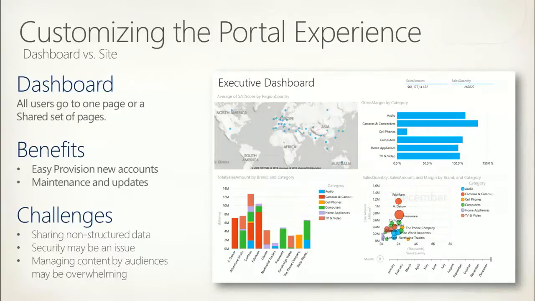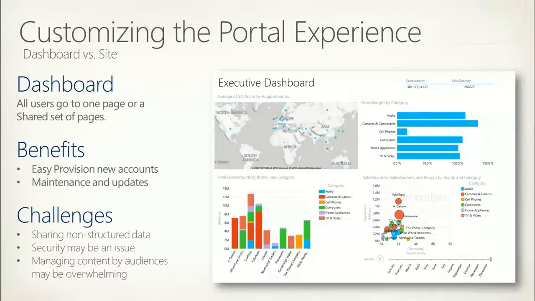Some of the challenges are, think about if I wanted to deliver some unstructured information alongside of this. Then I have to go back to doing item level security. When I had all these different containers and I redirected someone to their container, within there it's automatically going to also secure all the unstructured information. So imagine I have a dashboard, but with it I have some invoices that are in just a SharePoint library.